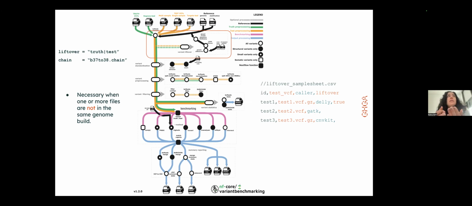That's why I have this option to lift the VCF over, and it is automatic. If the liftover is set for truth, then the truth file will be lifted over. And for the test, there is a liftover column in the sample sheet. If it is true, it will lift over this file to the same build and perform the analysis.